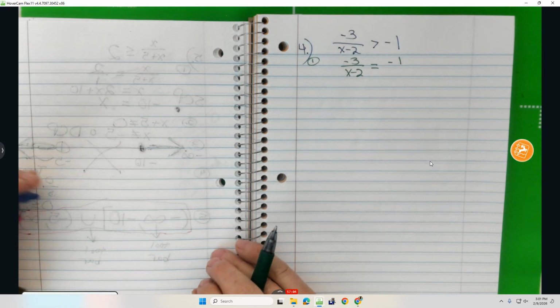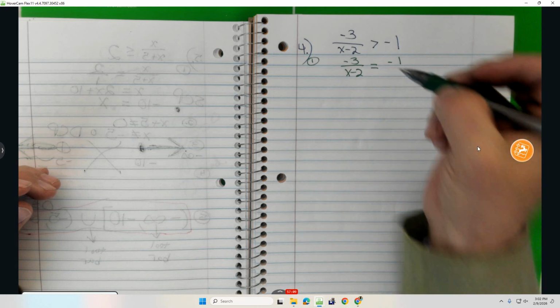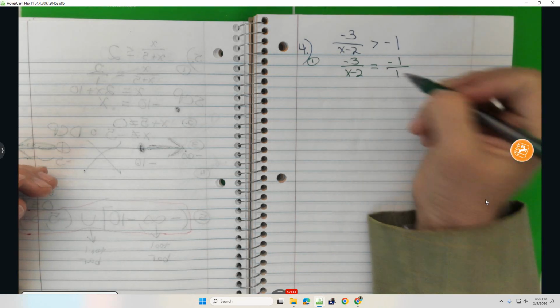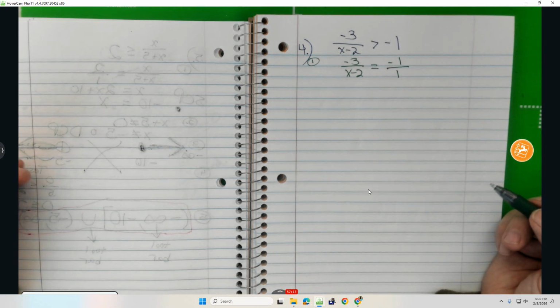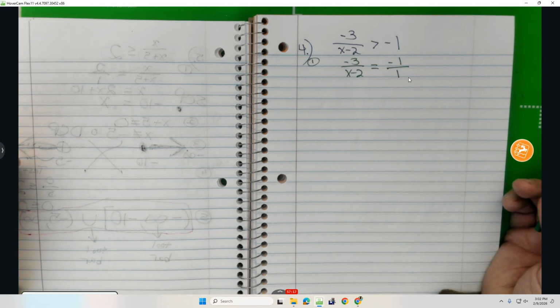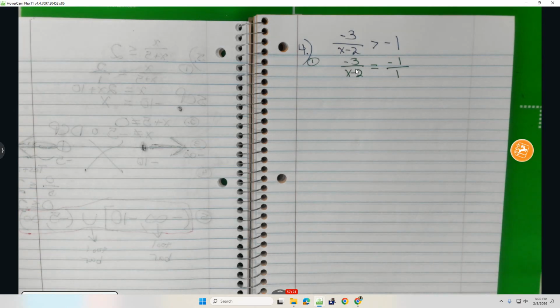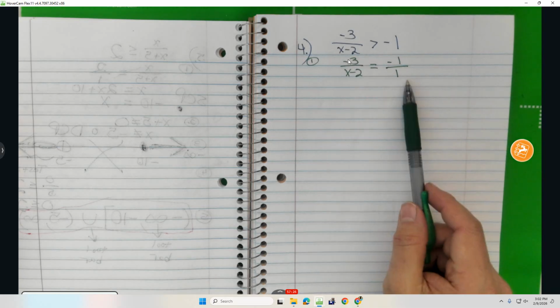What do y'all think I'm going to do here to solve this equation? I'm going to put that over 1, and I'll cross multiply once again. Remember I said that when we were solving rational equations, you'd be surprised how many times you wind up with fraction equals fraction as we go through the course, and that's an easy way to solve it.